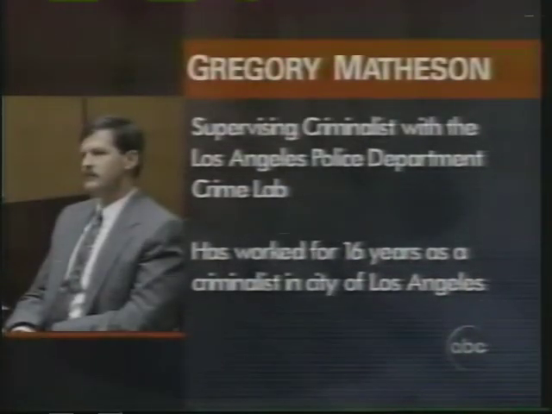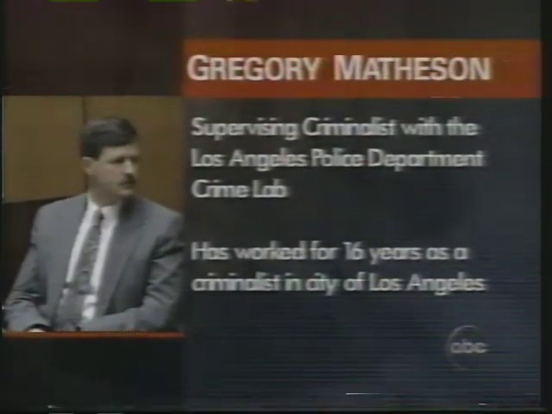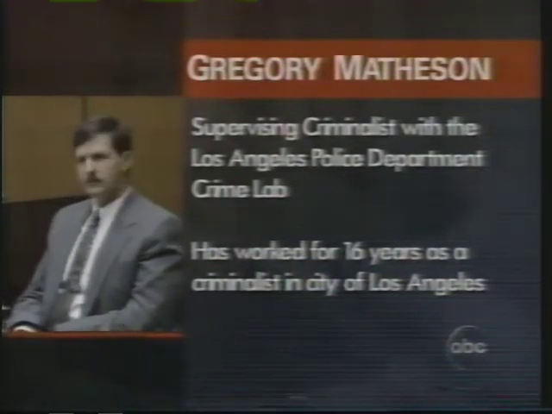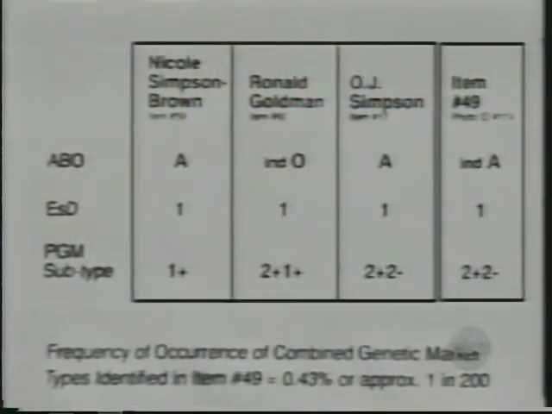Now, I take it, sir, then, that you found, as you reported, that the types detected in the blood drop of item 49 left on the trail at 875 South Bundy occurs in 0.43% of the population? Approximately 0.43, that's correct. And who, among the three that you have listed in the chart marked Peoples 24, could possibly have been the source of that stain?